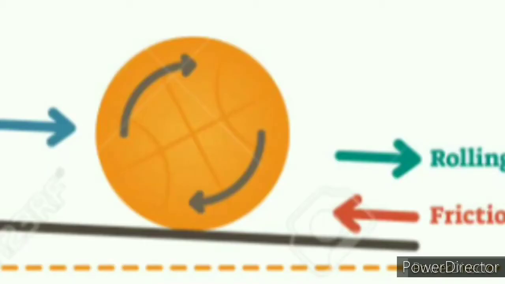Suppose there is a ball and you have given a force on the ball, and the ball has started rolling on the ground. If you observe carefully, you will see that slowly its speed is decreasing. That means the ball is getting decelerated.